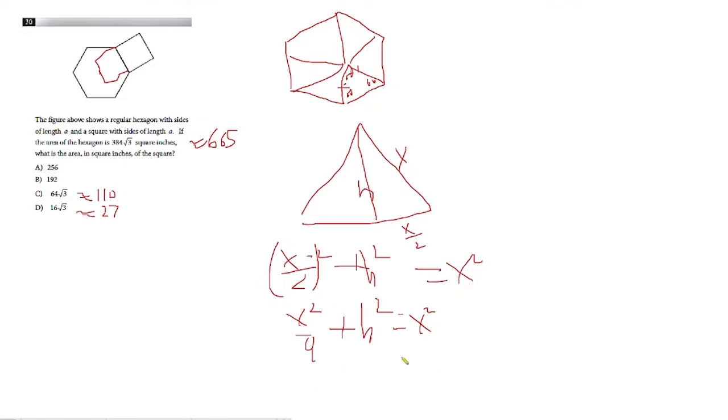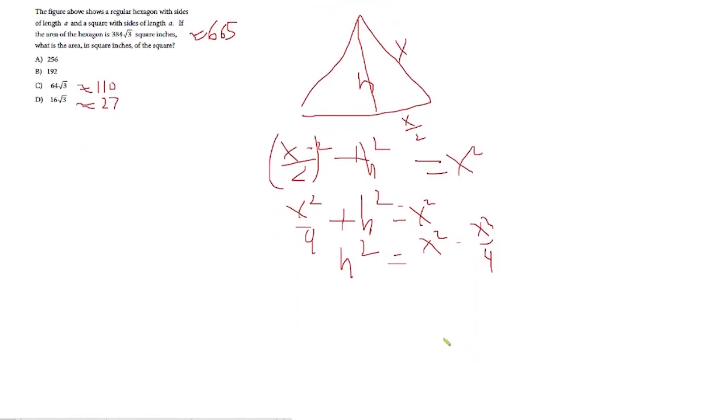Now you get all the x's on one side, we subtract, and we get h squared equals x squared minus x squared over 4. And then we get h squared equals 3x squared over 4. h equals root 3 x over 2.